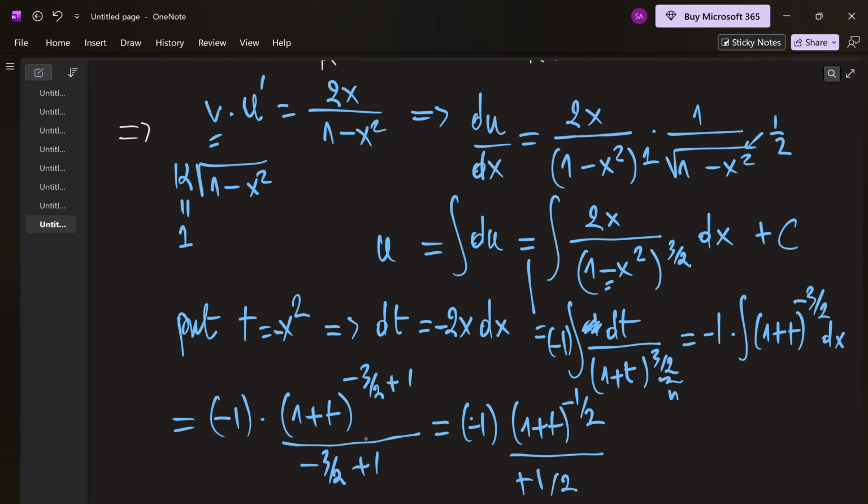So this will go with this one, and you will have 2 times 1 over the square root of 1 plus t.